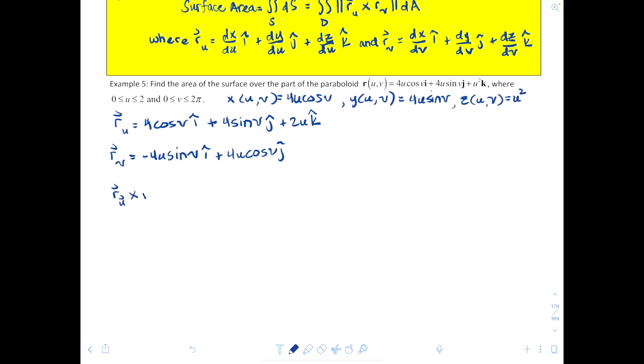The cross product of these two will be the determinant of i, j, k, and then we'll have 4 cosine v, 4 sine v, and 2u, and 0 for that last one, negative 4u sine v, and then 4u cosine v.